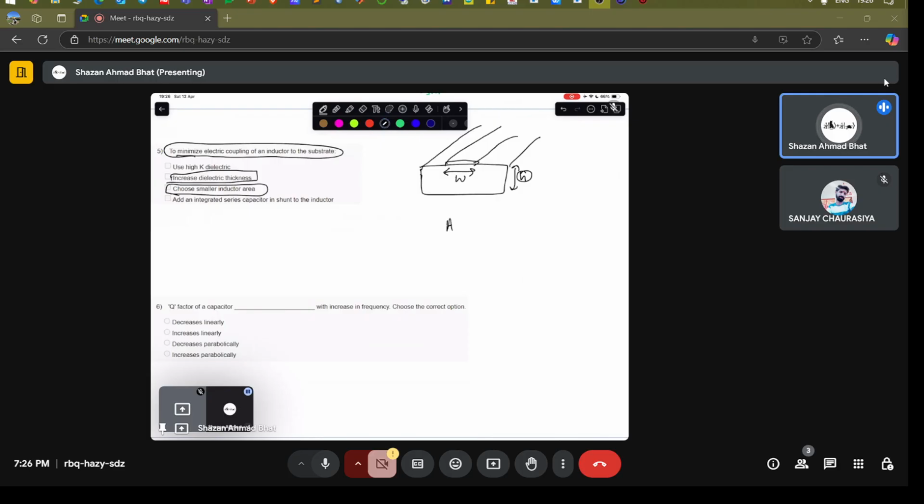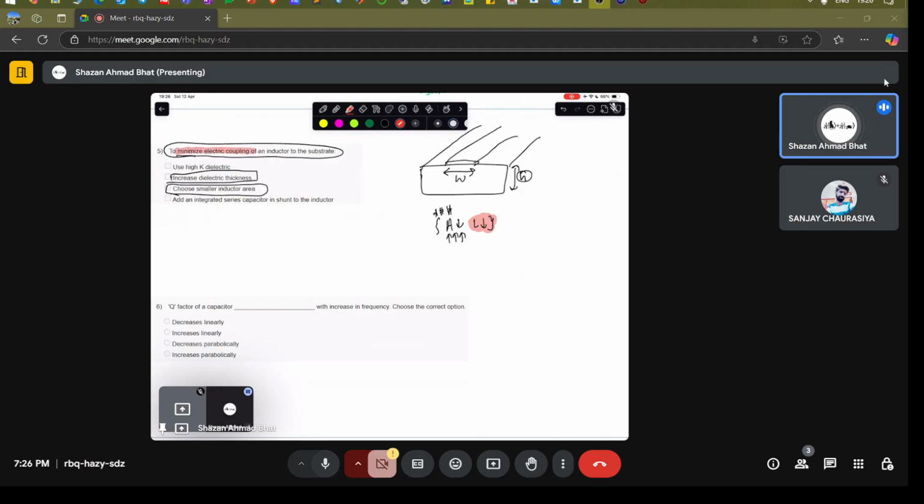But there's a catch. If you go on reducing the area, the inductance is also going to come down. So there's a trade-off in choosing this particular area. If you want to tune the area, you are going to play with the inductance also.